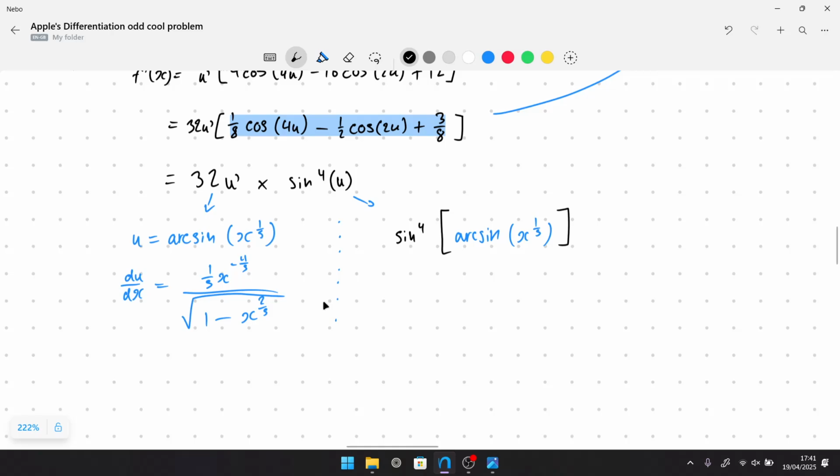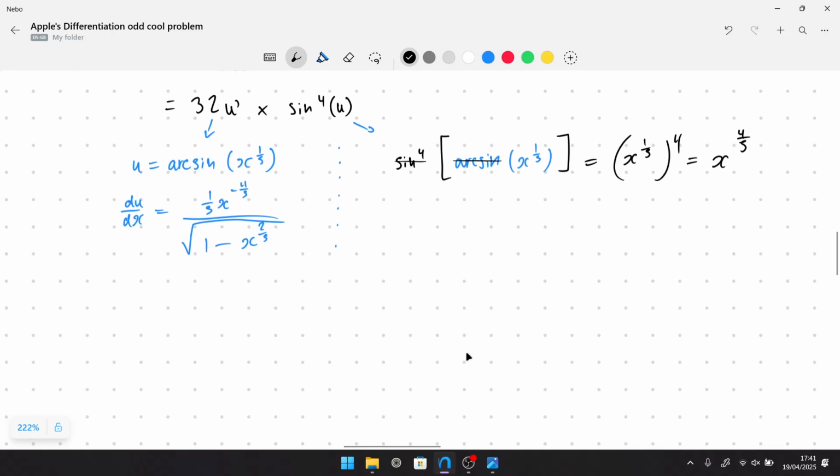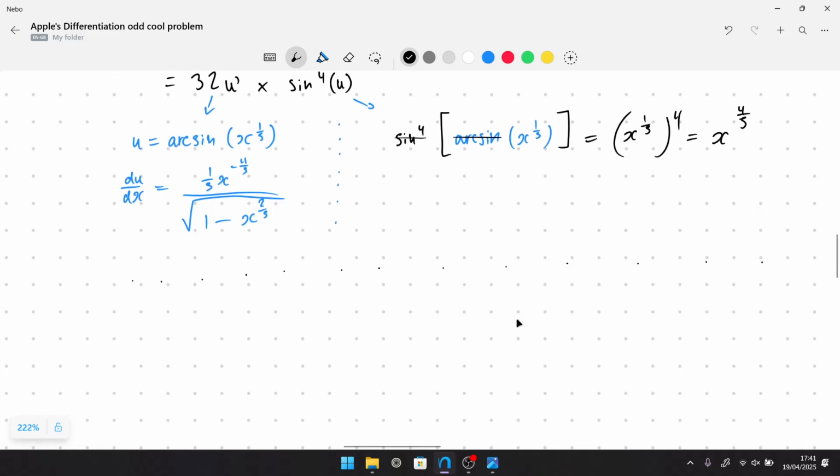And because they're inverses, this and this cancel. So you're left with x to the 1 over 5 to the 4, which equals x to the 4 over 5. And then from here we can just start combining things.